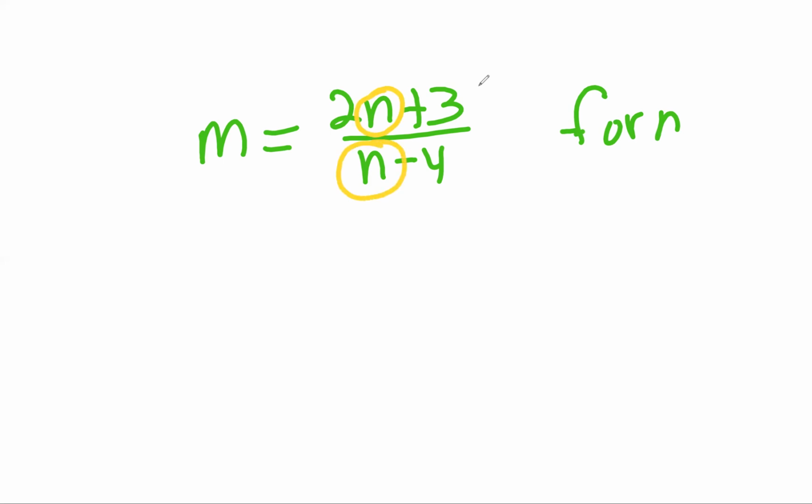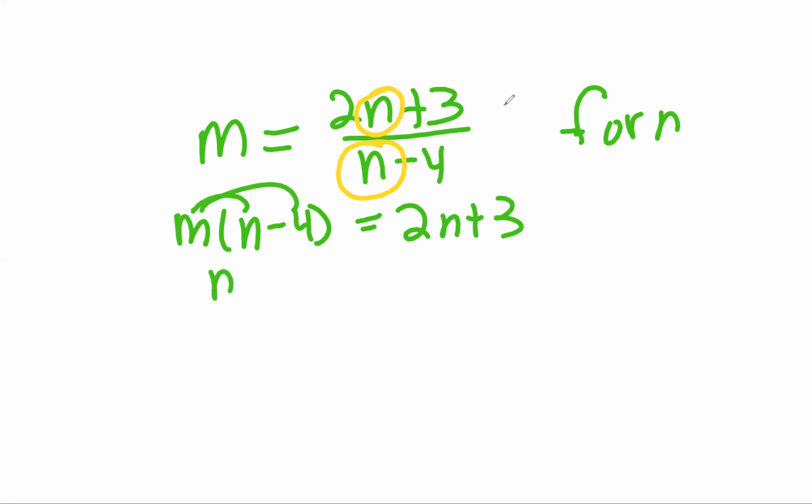So somehow I'm going to have to get them all together. So multiply by the denominator. So that would give me m times n minus 4 equals 2n plus 3. Distribute out the m's. So mn minus 4m equals 2n plus 3.